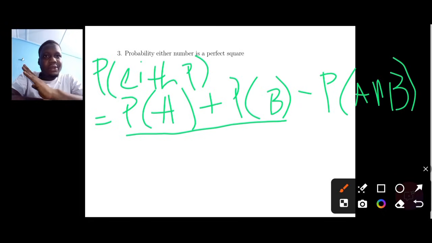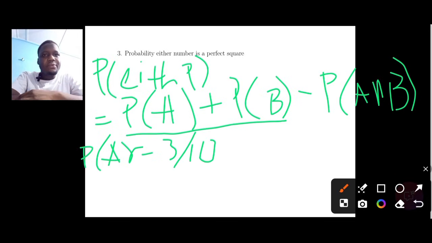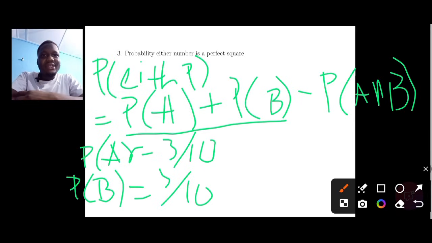So the probability that the first one is perfect is 3 over 10. The probability that the second one is perfect is also 3 over 10. Strange, right? Yes, but that's how it works for the without replacement.